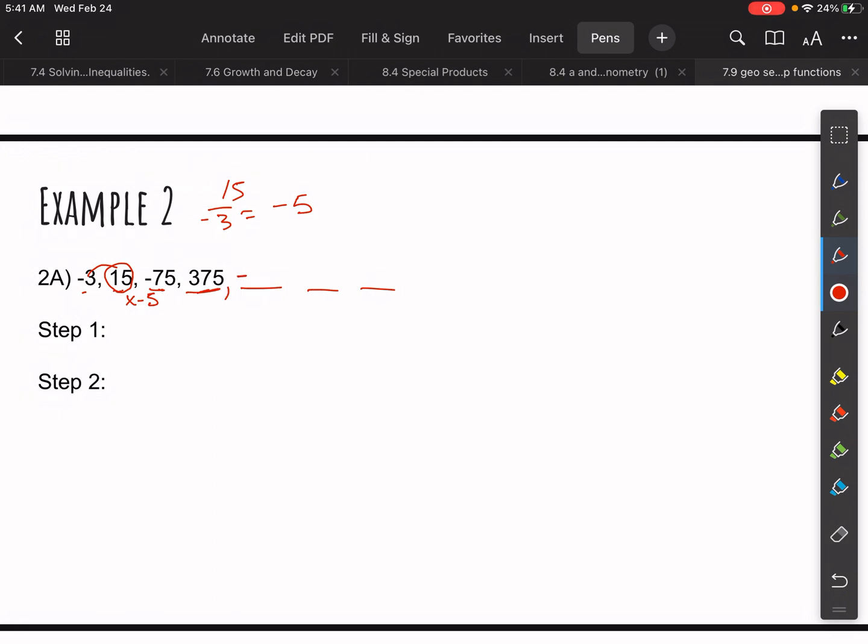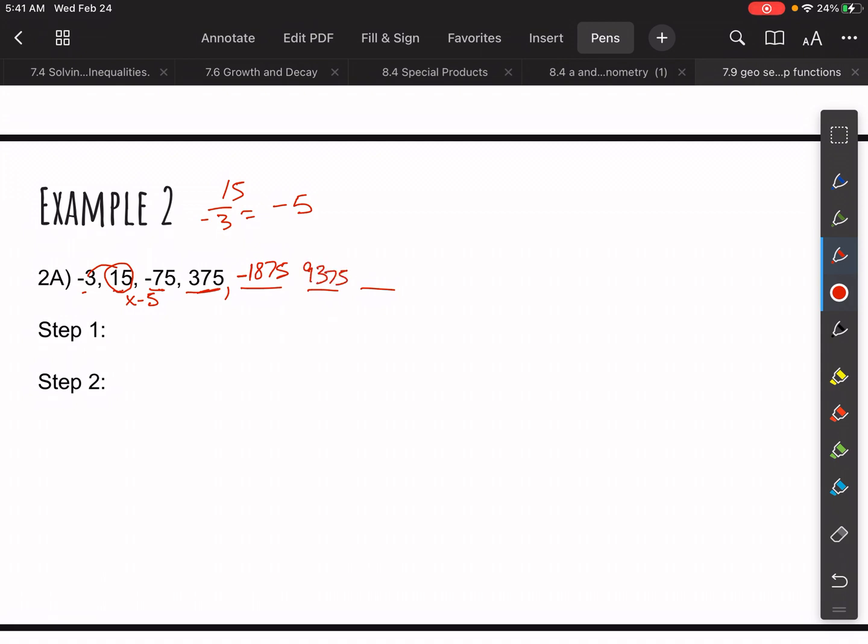Okay, so if I take 375 and multiply it by negative 5, let me just get my calculator out here to speed things up. So I have 375 times negative 5, I get negative 1,875. Then if I multiply that by negative 5, I get positive 9,375.